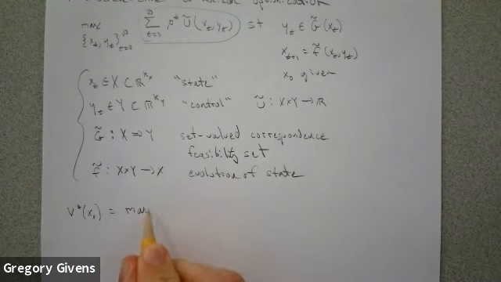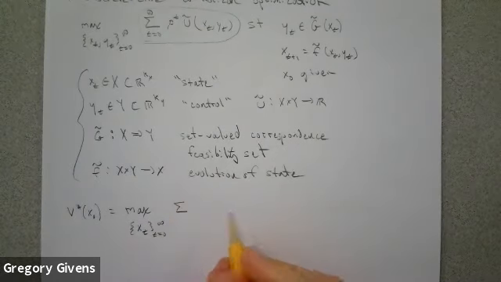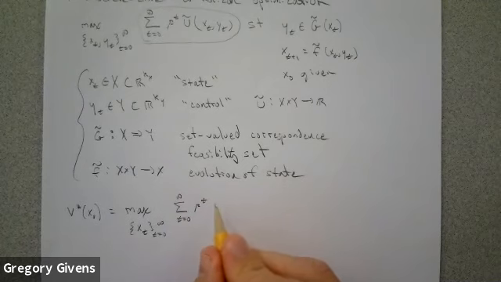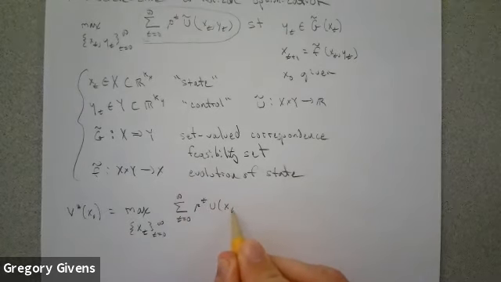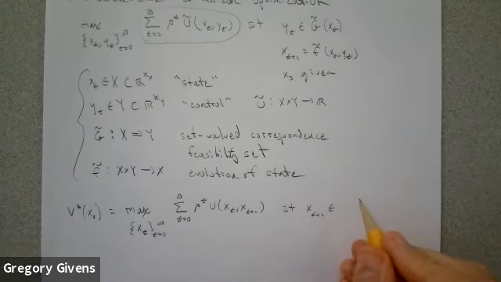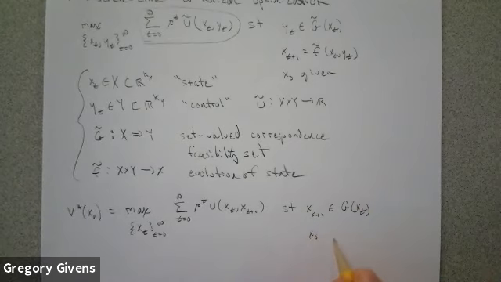It's going to be the maximized value over the x sequences of the sum from 0 to infinity of beta to the t u of xt comma xt plus 1, subject to xt plus 1 being some element of g of xt with x not given.